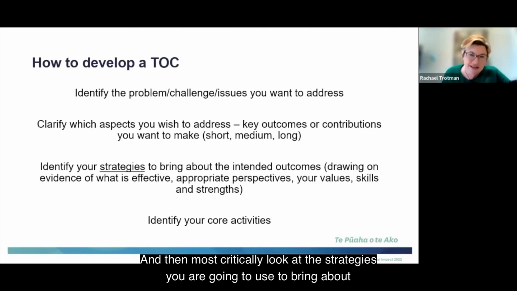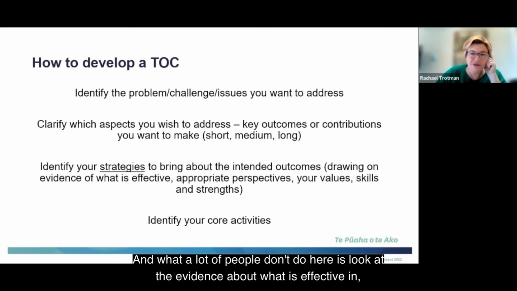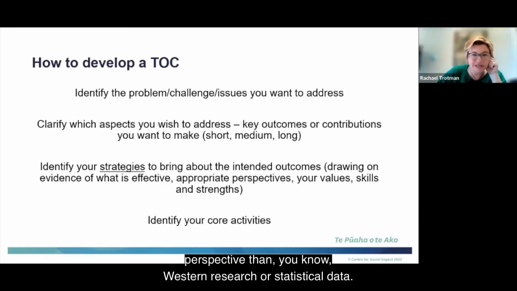And then most critically look at the strategies you're going to use to bring about those changes. And what a lot of people don't do here is look at the evidence about what is effective in making those kinds of changes, and looking at the evidence from a much more diverse perspective than, you know, Western research or statistical data.